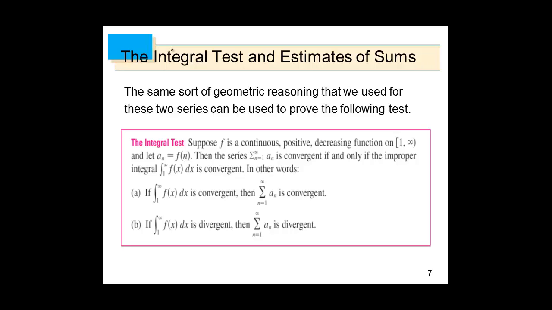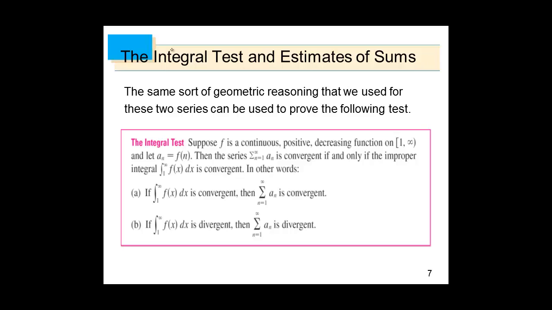Then we could say that if the improper integral of f from 1 to infinity is convergent, then the series is convergent. If the improper integral of f from 1 to infinity is divergent, then the series is divergent as well. Okay?